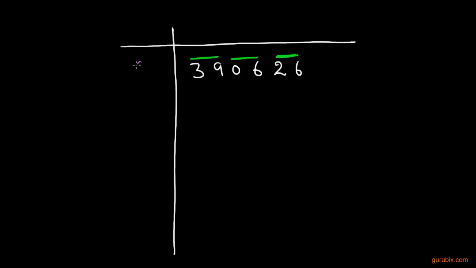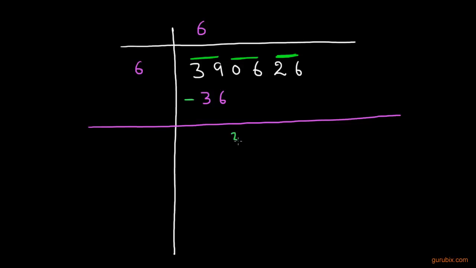So we write 6 here and 6 here, multiply 6 by 6 to get 36, and subtract 36 from 39 to get 3. The next step is to bring down the next period, 06.